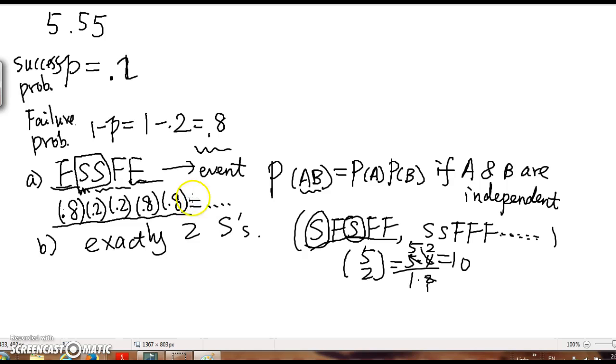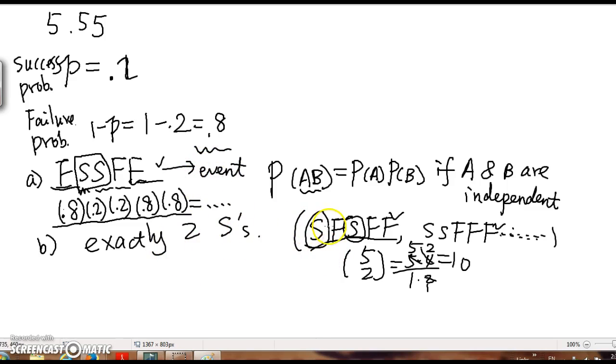And so here I listed 3 of them. Part A is one of them. This is one of them, and this is one of them. You can keep listing all the different ways. In this case, you can see the difference between part A and part B. In part A, which 2 people said yes, they live alone, are given: second and third.